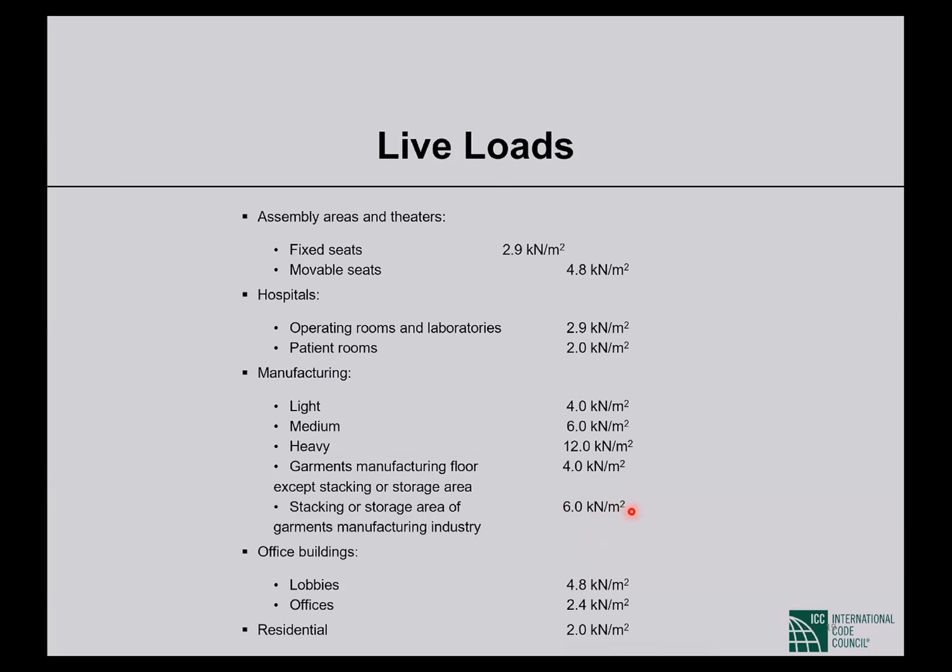If the storage height is more than that, you have to extrapolate this. Like if this is 4 meter height or 4.5 meter, then you have to increase this value proportionally. So that's it.